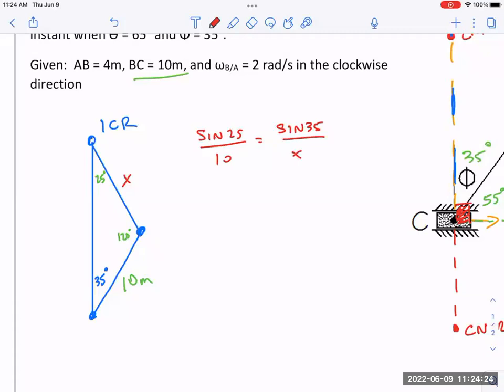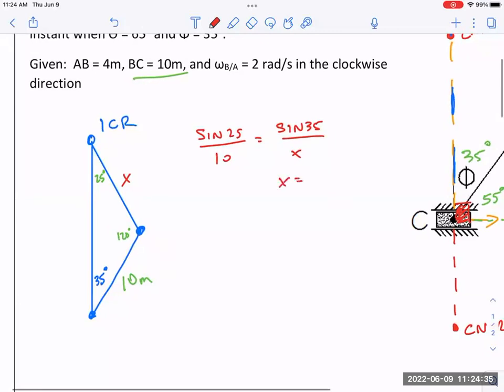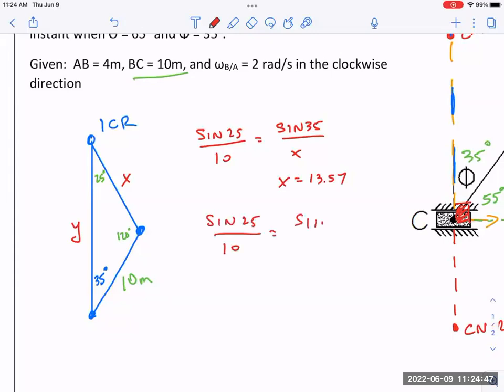Hopefully that makes sense. So if I take 10 times the sine of 35 and divide that by the sine of 25, I get 13.57. And I'll call that y. Go ahead and write out the same thing. The sine of 25 divided by 10 would be the same as the sine of 120.